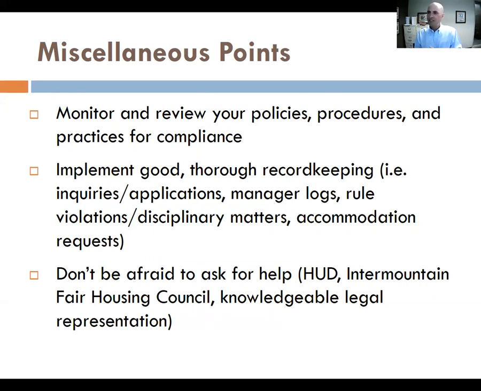He said, she said arguments are always risky. We're the professionals in this industry. The managers and management companies should keep good records so that you can defend. If accused of discrimination, you can show that that is not in fact the case.